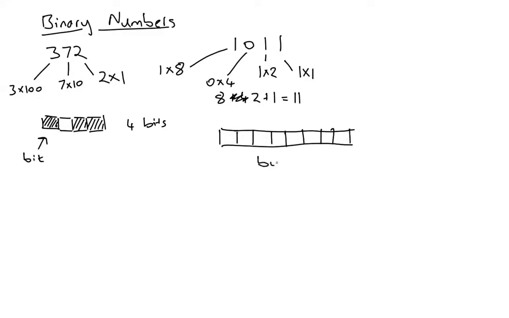And this is called 1 byte. So we've got bits and bytes, and there's going to be a limit to what size number you can represent in a byte, which we're going to get onto in the next video but one.